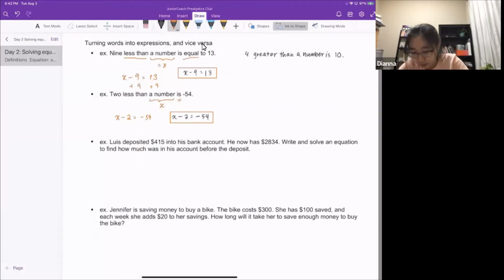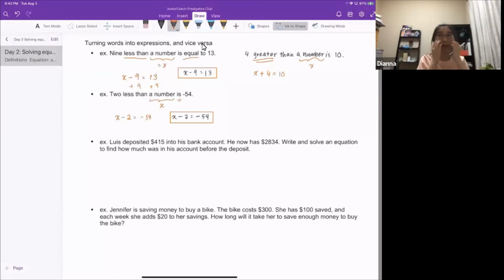That means our number, x, has a 4 added to it, right? Because it's 4 greater than. Equals 10. And so that would be my answer if I was given this problem.